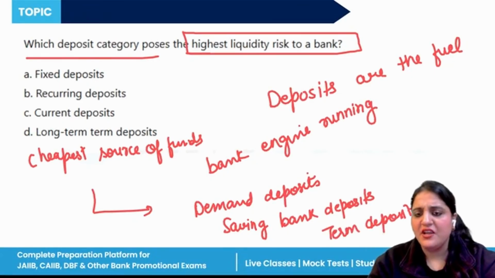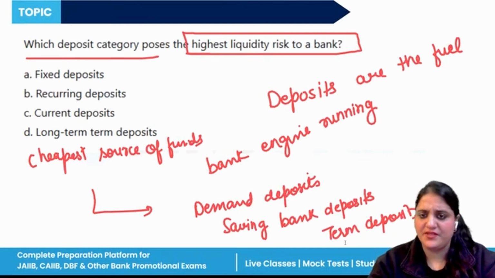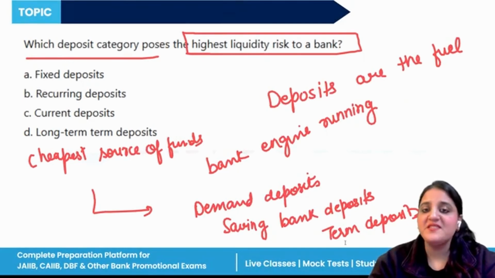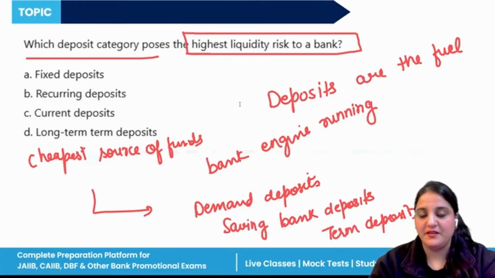Now, what is the meaning of these demand deposits? They are always payable on demand, like current deposits and overdue deposits. Then we have saving bank deposits, which are semi-liquid and interest bearing. And term deposits are repayable, but after a fixed period.